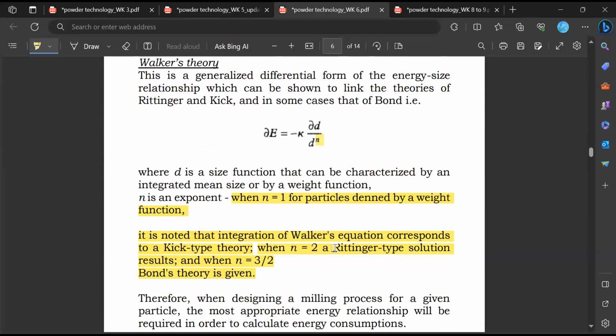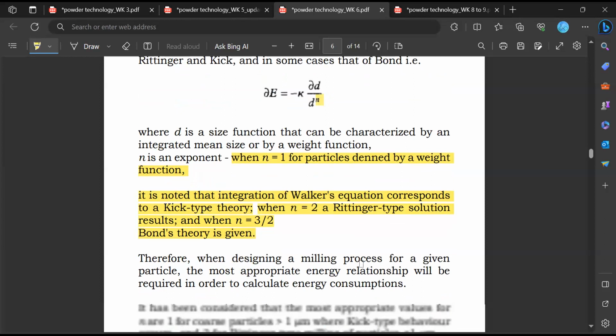When n is equal to 2, it will be Rittinger's theory. And when n is 3 over 2, then it will be Bond's theory. So when it's 1, it's Kick's theory, when it's 2, it's Rittinger's type solution results, and when it's 3 over 2, it's Bond's theory.